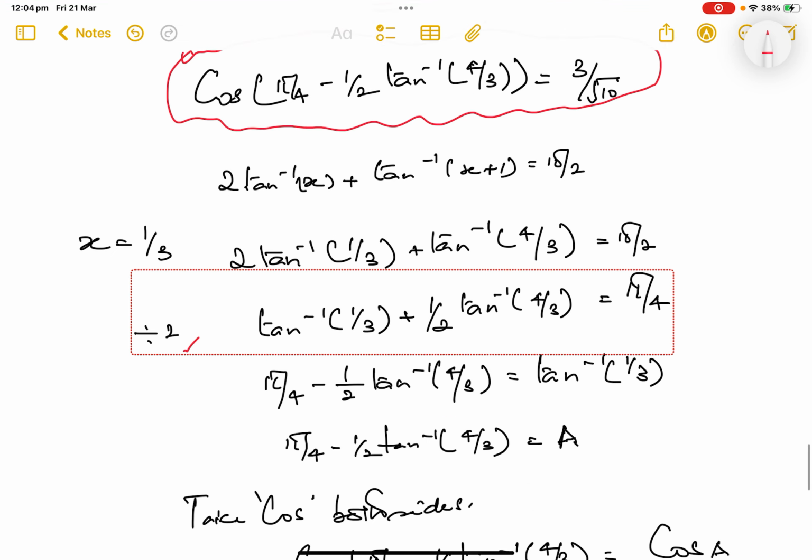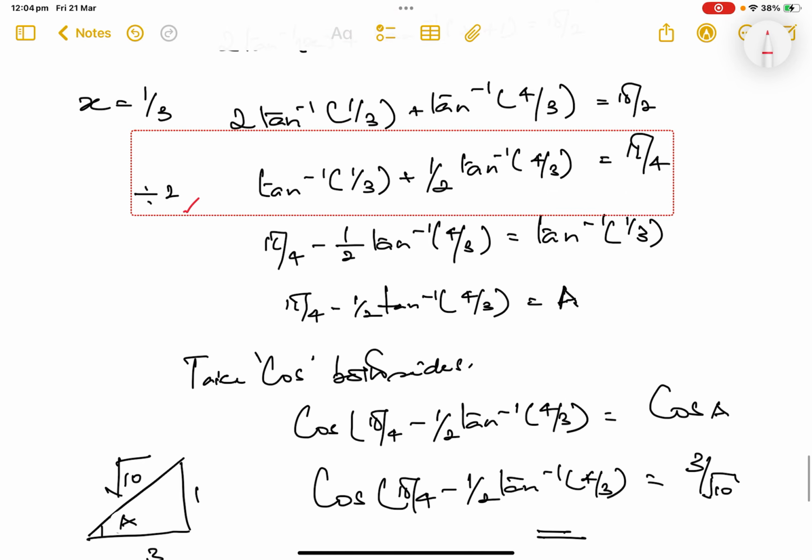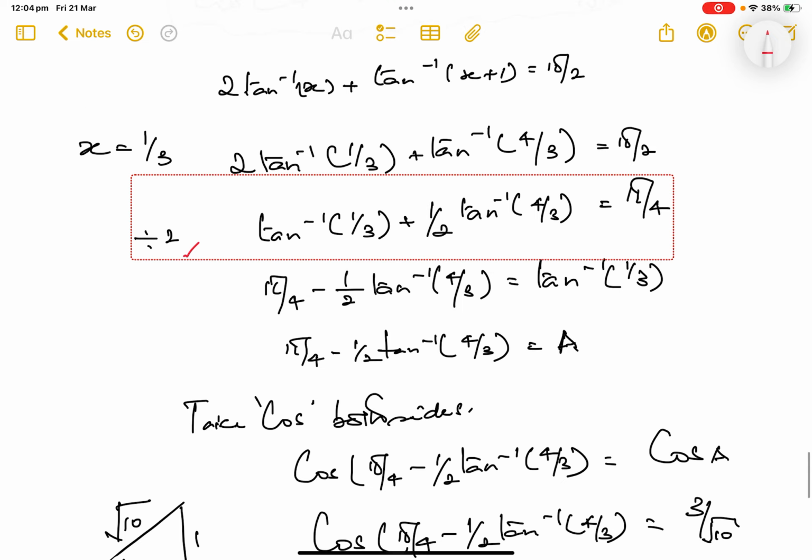Let's see, I'll keep pi by 4 on one side, and I purposely took half tan inverse 4 over 3, which we needed, to the other side. So one side is pi by 4 minus half tan inverse 4 over 3, and the other side is tan inverse 1/3.